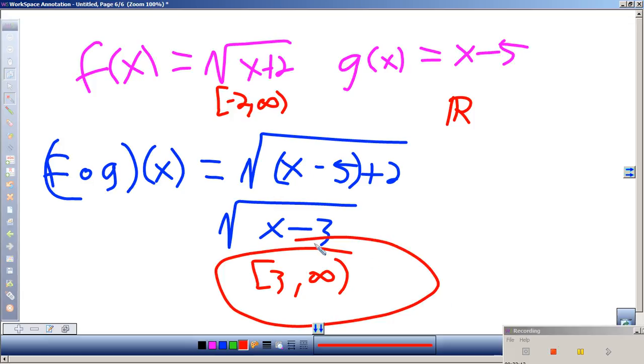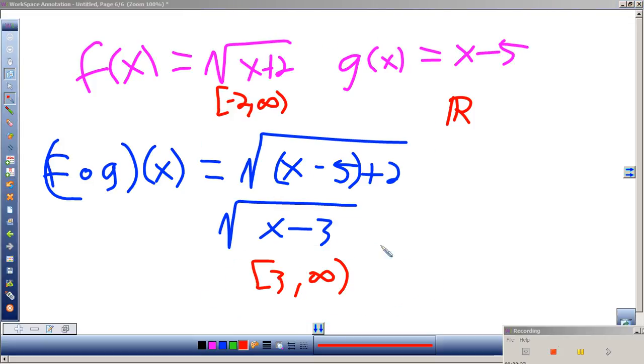This is the most restrictive one, because I couldn't allow negative 2 to be plugged into this one, into my answer here. What would happen if I allowed negative 2 to be plugged in? I get an imaginary number. So we have to go with the most restrictive out of everything. Yes. This one is the key one. If there's something not in the domain of this one, that isn't the domain of any of those, you have to go with this.